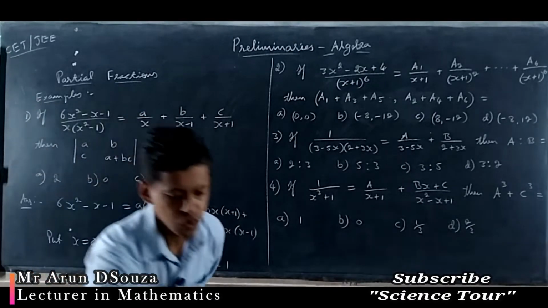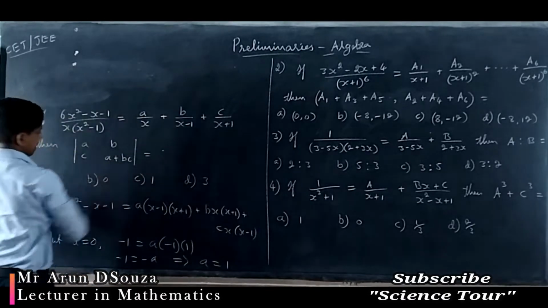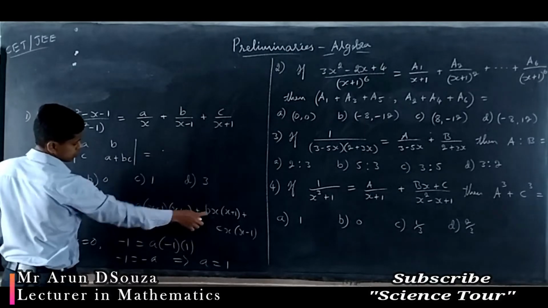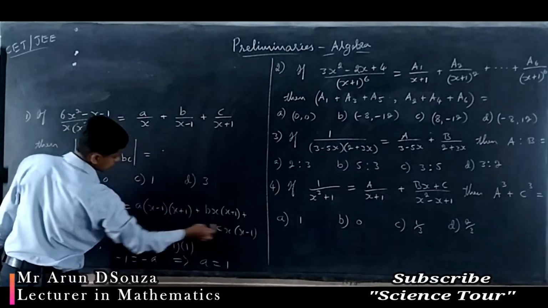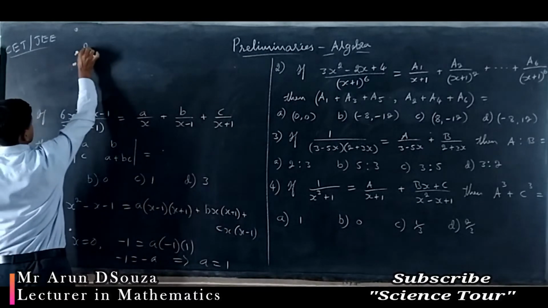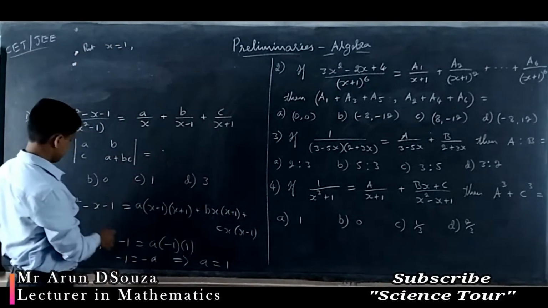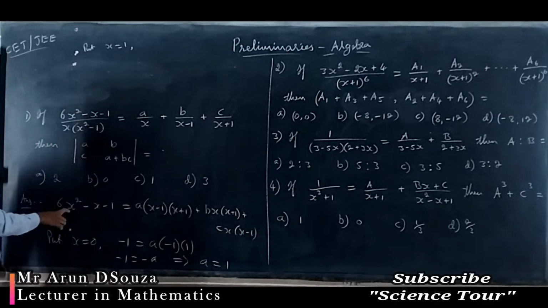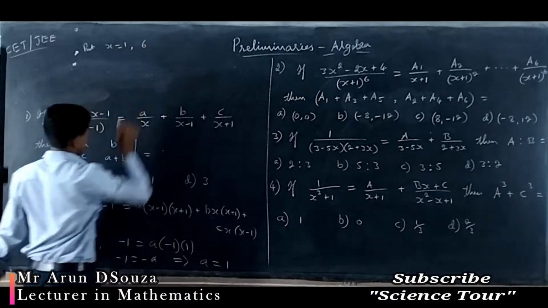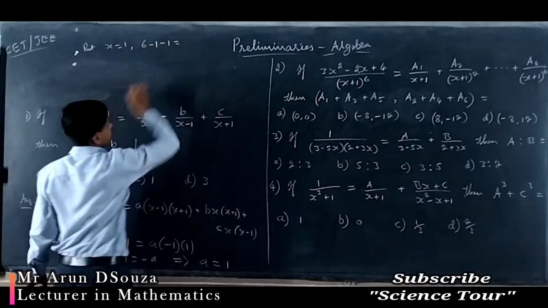Now let me continue on the top. Next, I need to find the value of b. So I should make these two things zeros. So I'll put x is equal to 1. What will happen if you put x is equal to 1? This is 1 square, 1, so 6 and minus 1 and minus 1.